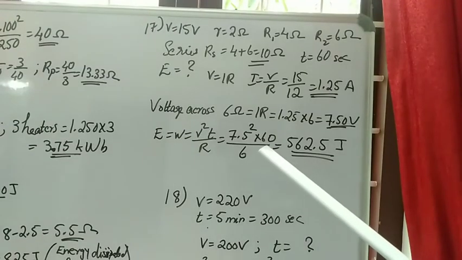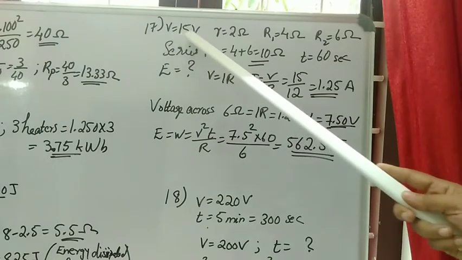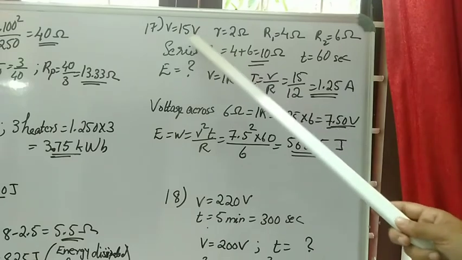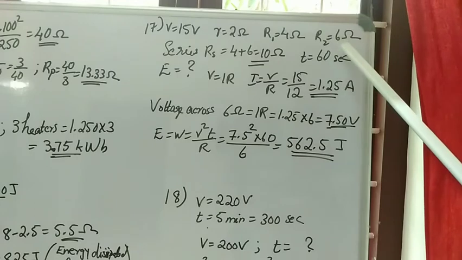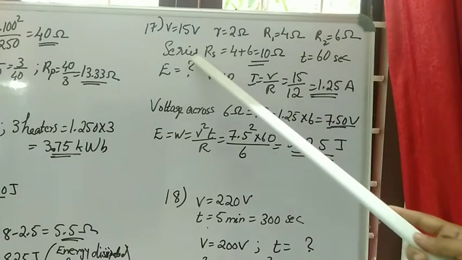Next question number 17. A battery of EMF 15 volt. EMF, that is potential difference or voltage, is given as 15 volt. And internal resistance, small letter r, 2 ohm, is connected to two resistors of resistance 4 ohm and 6 ohm. Two resistances are given, 4 ohm and 6 ohm, connected in series.